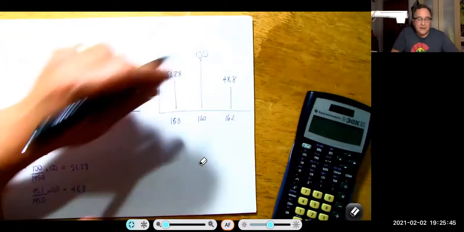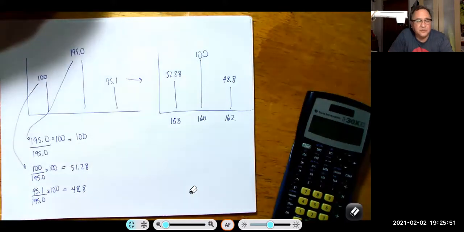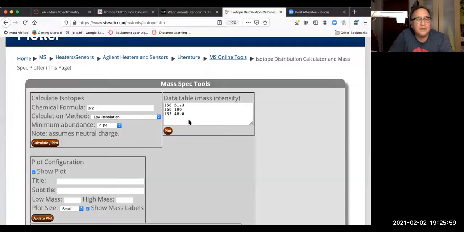Let's see how that compares to the simulator. So 51.28 and 48.8, and here's the simulator. 51.3, we have 51.28. Are those pretty much the same thing? You bet your bippy.